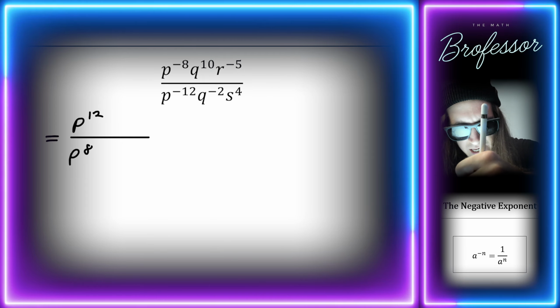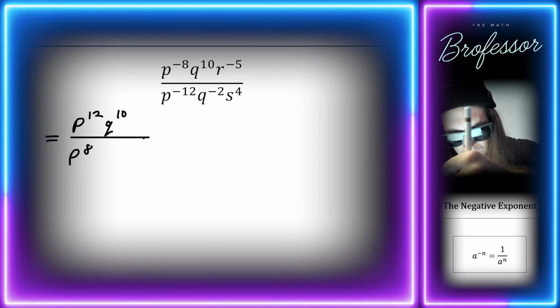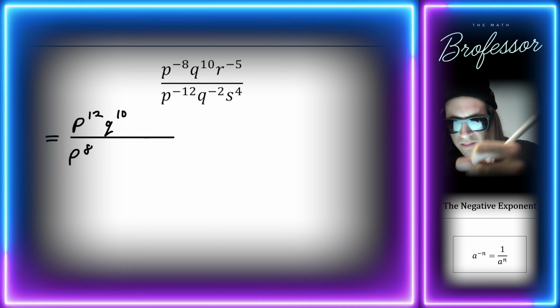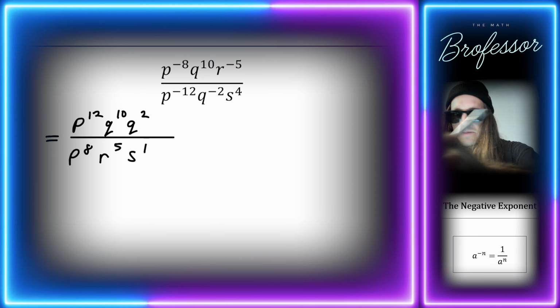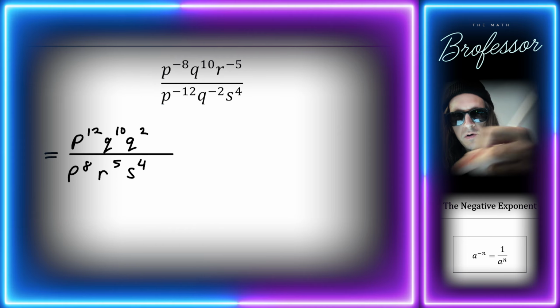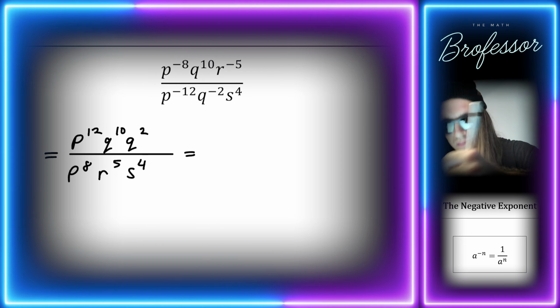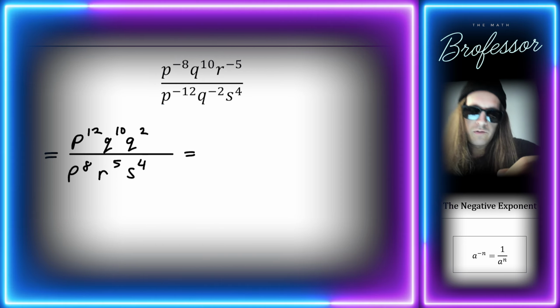The q to the 10 will stay where it's at. The r to the 5 needs to go to the bottom. The q to the -2 comes up top. The s to the 4 stays where it's at. So all that happened there was we reciprocated the ones that are negative.